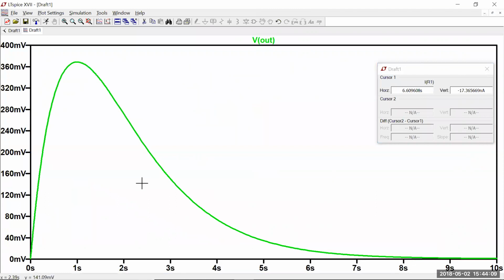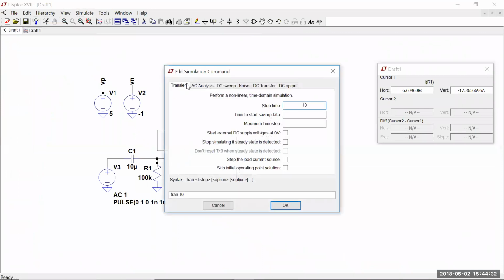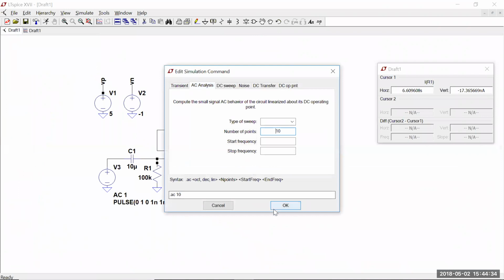But notice that omega naught, right, which caused our tau, I didn't change the simulation time, but yet I'm capturing the whole thing, okay? Now, yeah, simulate, go back to our here.